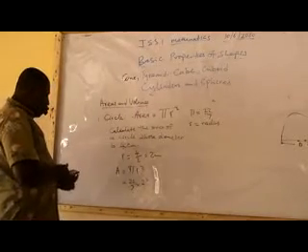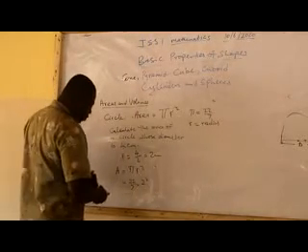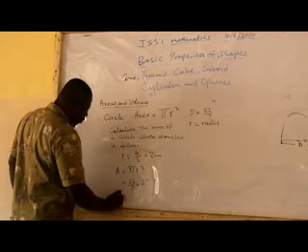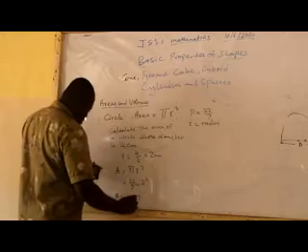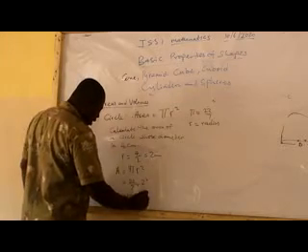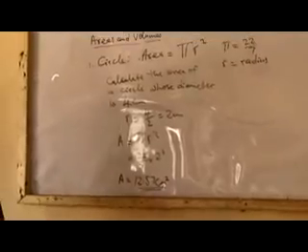It will give us 12.57. So the area of this particular circle is 12.57 cm squared. Remember, we say area. So this is all about the area of a circle.